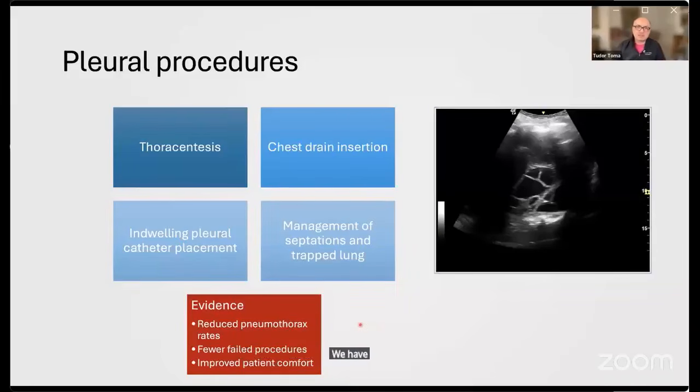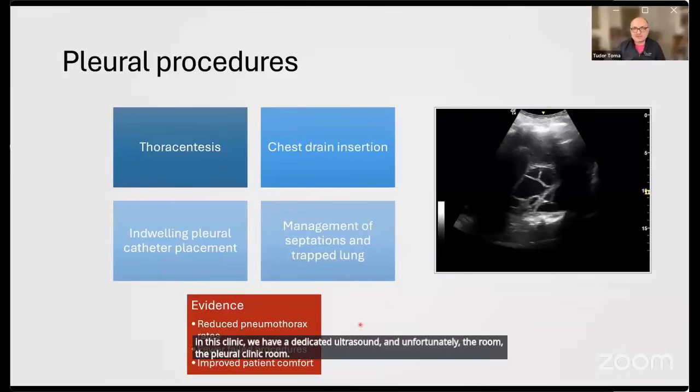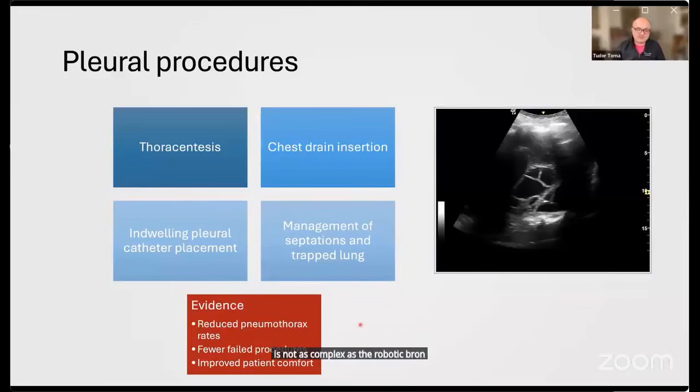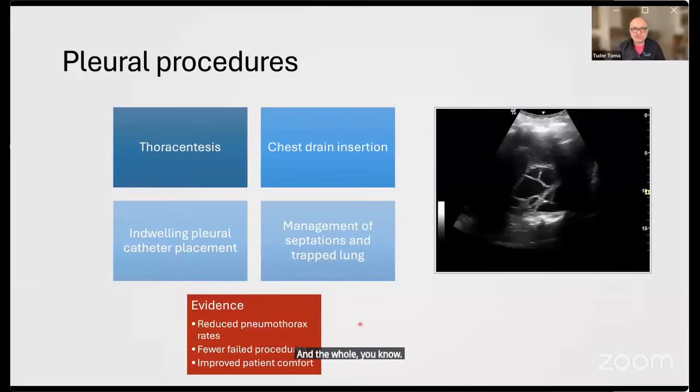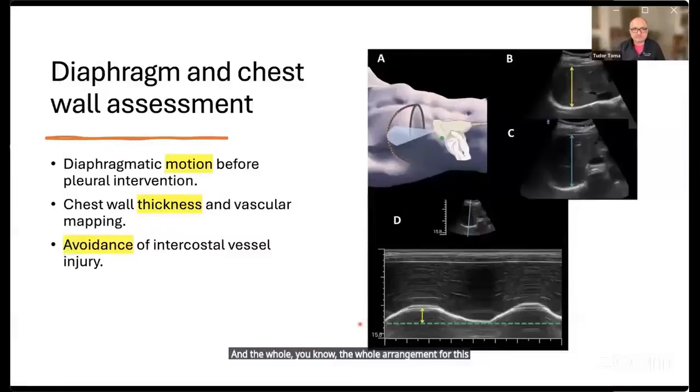We have a dedicated pleural clinic where we bring in the pleural pathology, and on a day case basis, we do the interventions. In this clinic, we have a dedicated ultrasound, and unfortunately, the pleural clinic room is not as complex as the robotic bronchoscopy room, but it's still a dedicated specific room that requires again the nurse, the program, and the whole arrangement for this intervention.